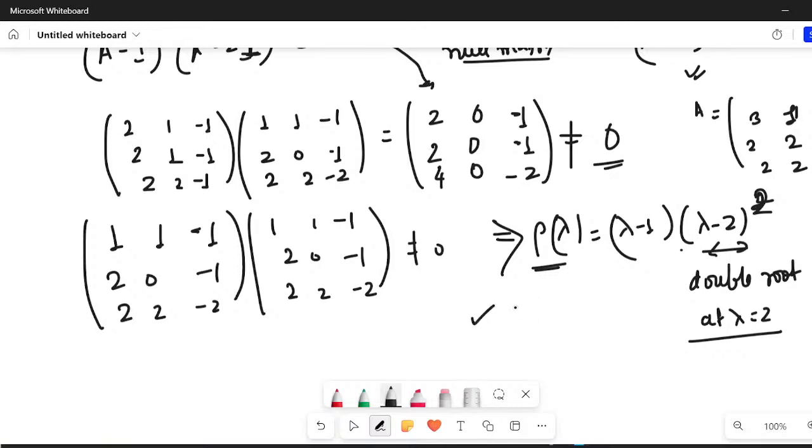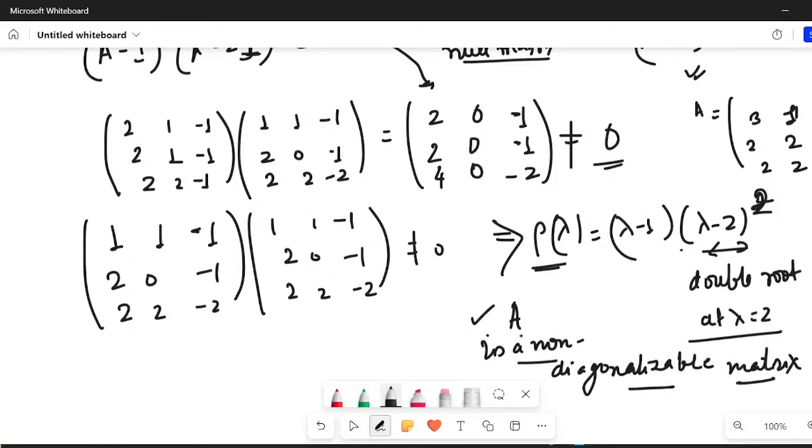It implies that matrix A is a non-diagonalizable matrix. Hence, I can write that matrix A is a non-diagonalizable matrix. I hope it is clear.